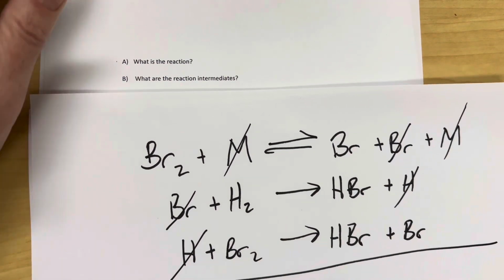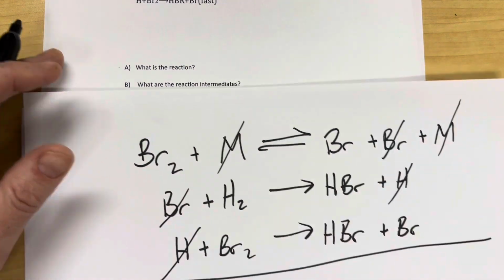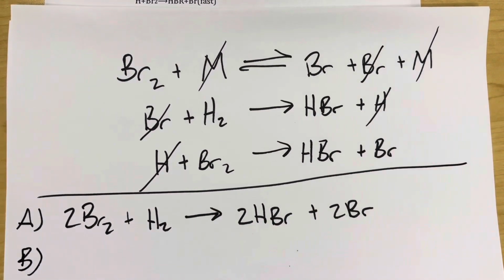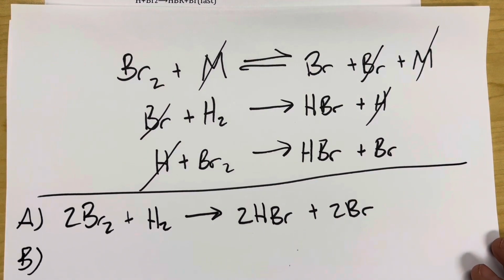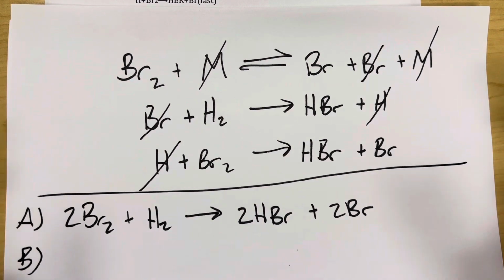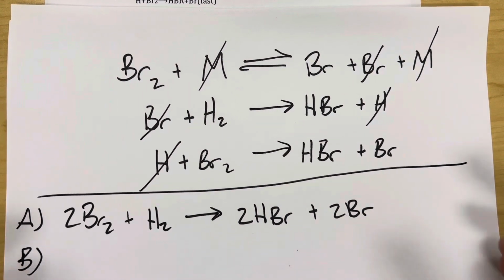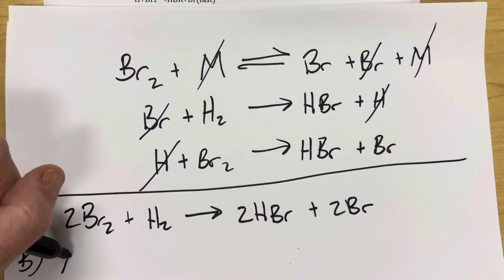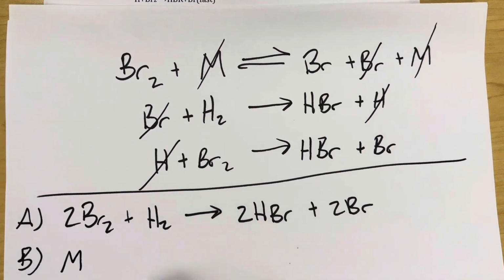And part B, it says, what are the reaction intermediates? That's the stuff you crossed out. In class, I said, well, if it's in the original reaction, you've got to be careful about saying it's a reaction intermediate. And that's true. But at this point, I don't care. If you crossed it out, just write it. We have an M. That was a reaction intermediate. We have a Br.